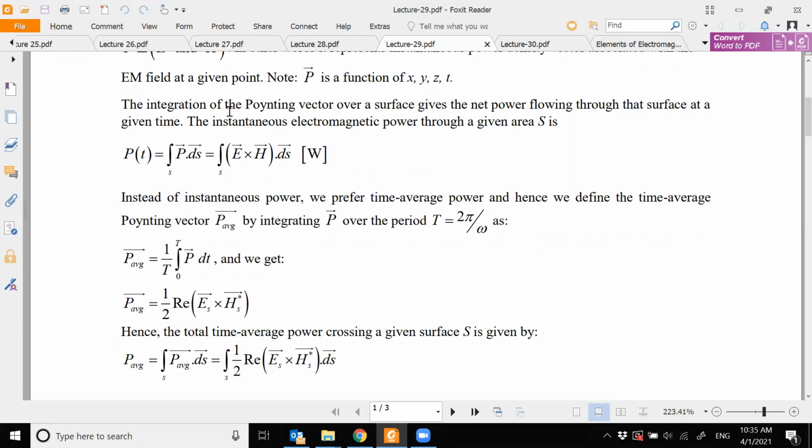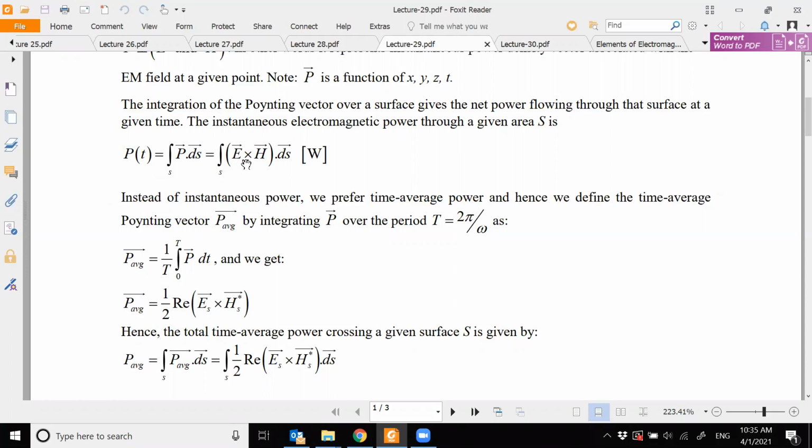So the instantaneous electromagnetic power through any given surface of area S is the integral over S of the instantaneous Poynting vector, which is the instantaneous power density vector, over dS.